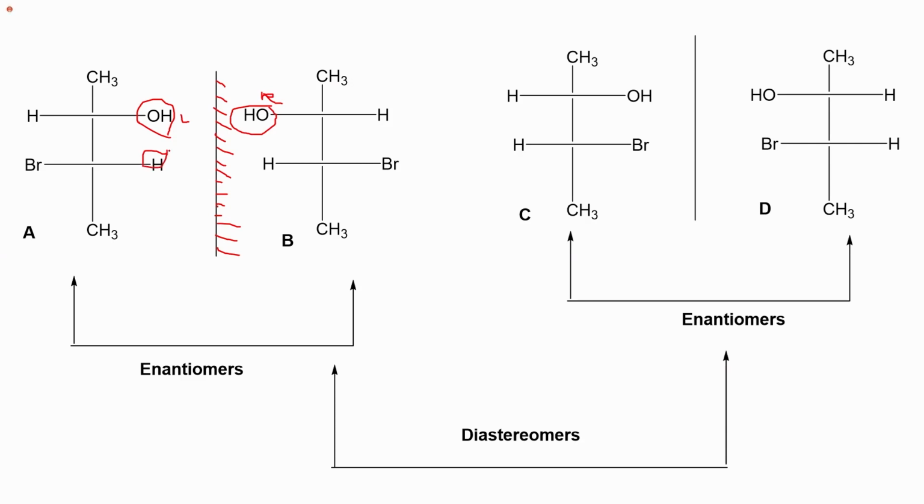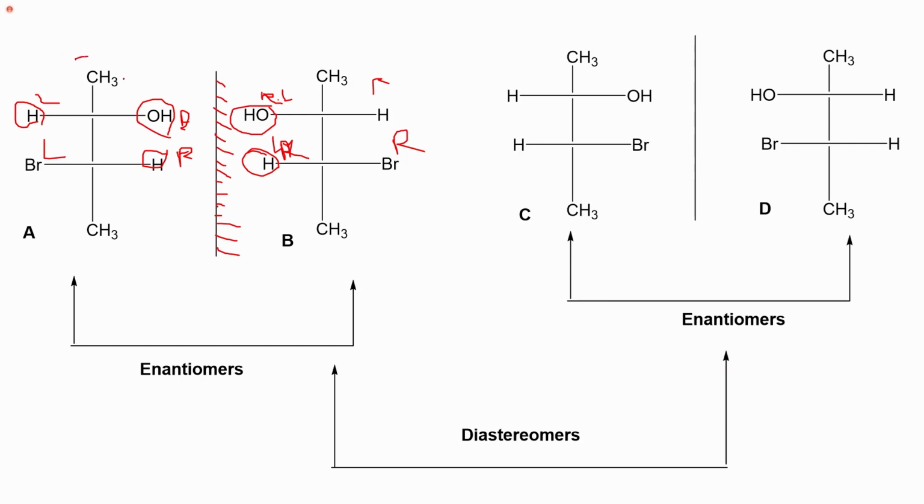This hydrogen was on the right side, and now it is coming on the left side. Sorry, this is the left, this is the right. So what was on the left is now coming on the right side, and the bromine is coming on the right side.